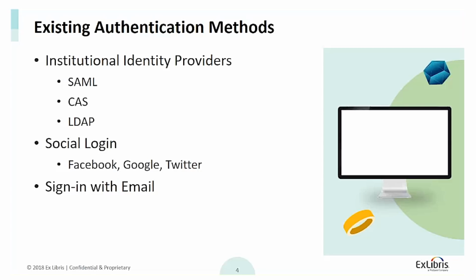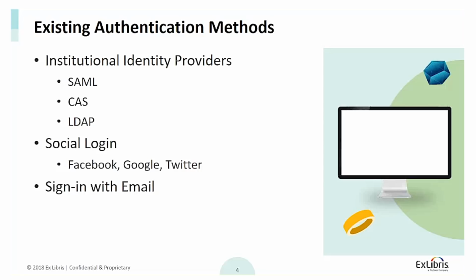Now, there are a number of different scenarios that are not covered by the institutional identity providers. There are some institutions who provide service to community borrowers or to walk-in users or who are legally obligated to provide library services to a wide number of citizens. And therefore, we need ways to authenticate those users as well.